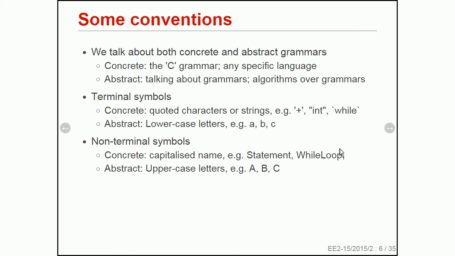Similarly, we need to think about non-terminals. In a concrete grammar like for C or JavaScript, there will probably be a non-terminal called statement, and another one called while loop. Well, they don't have to appear, but they probably will.